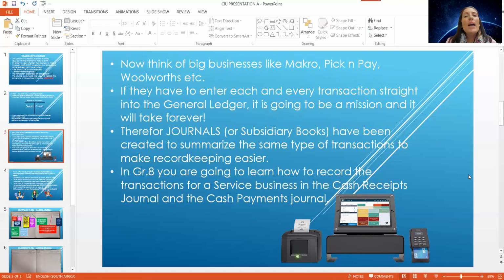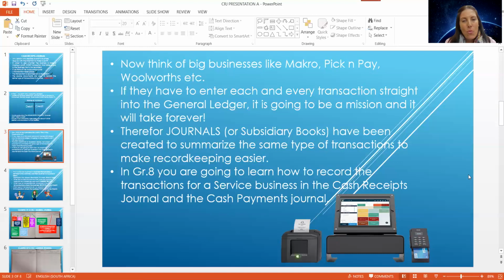There's no way that somebody can sit in an office, even if it's done electronically, and record every single transaction straight into the ledger accounts. It's just going to make those ledger accounts very big and cumbersome, and it's going to be difficult to find information if you need to go back and look up specific transactions or entries.